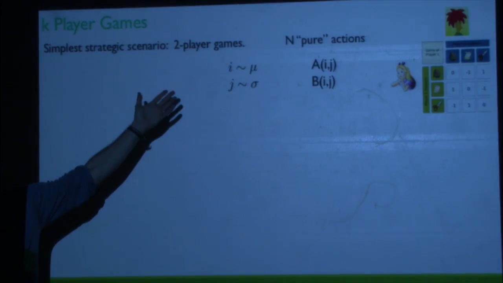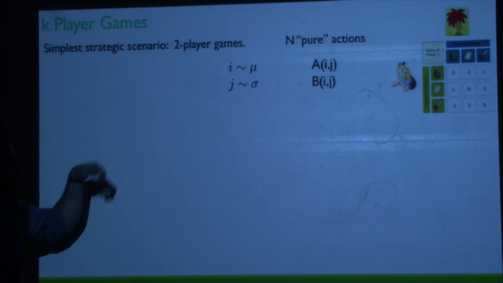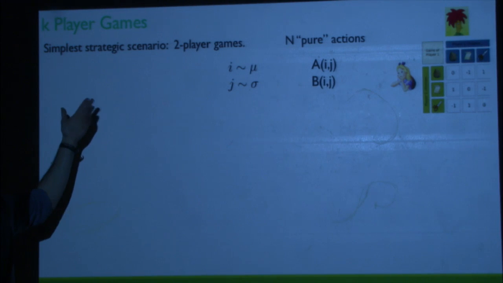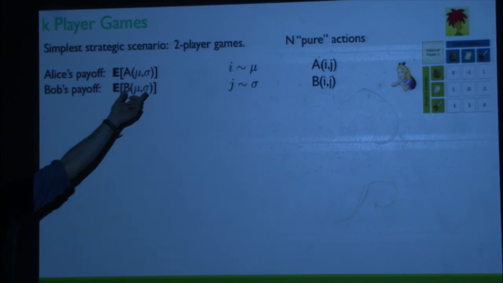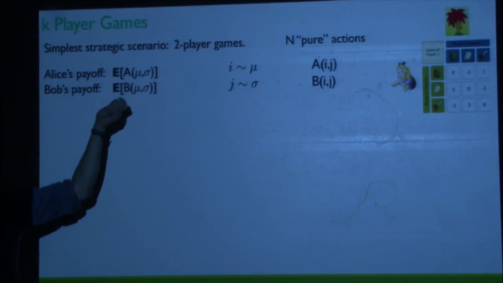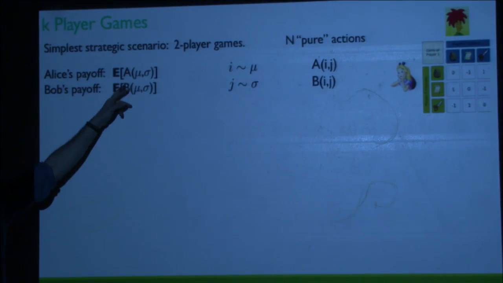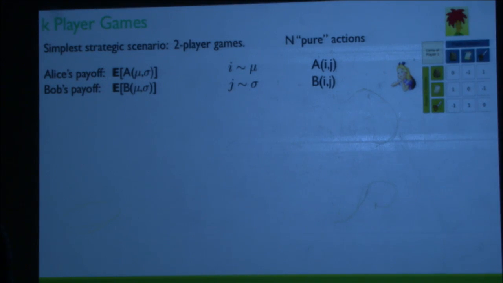In this case, we say that the players can play mixed strategies. And in this case, the payoffs are what you would expect them to be. These are just the expected payoffs of each player's payoff function under this joint mixed strategy profile. Make sense?